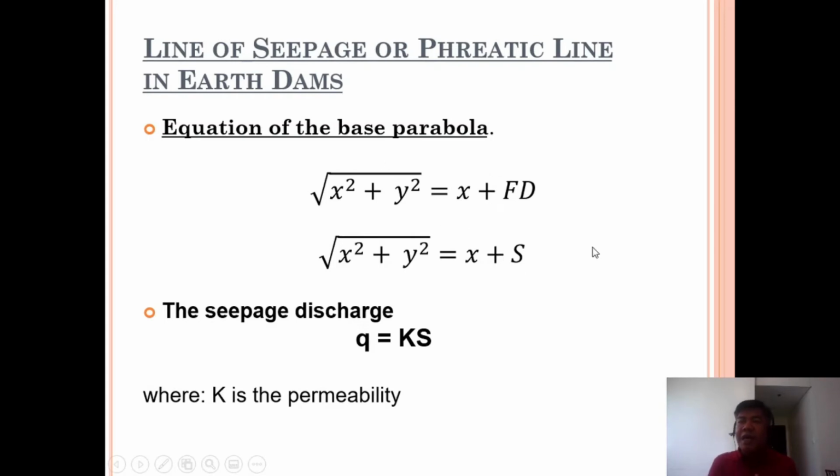In my subjects on hydraulic structures, when I was teaching in Oman and in Ethiopia, I handled hydraulic structures 1 and 2. Hydraulic structures 1 is the design of hydraulic structures, and hydraulic structures 2 is the design of dams.